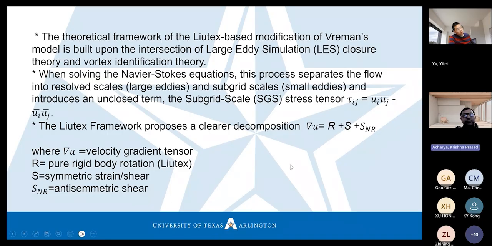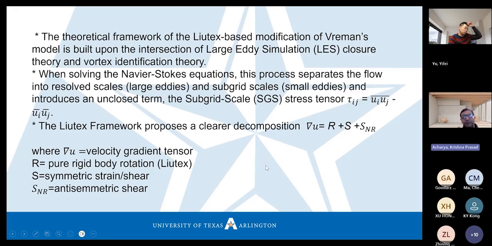The theoretical framework of the Liutex-based modification of Vreman's model is built upon the intersection of large eddy simulation, closure theory, and vortex identification theory. When solving the Navier-Stokes equations, this process separates the flow into resolved scales, known as large eddies, and subgrid scales, known as small eddies, and introduces an unclosed term, the subgrid scale stress tensor tau_ij, which is equal to (u_i u_j) bar minus u_i bar u_j bar.